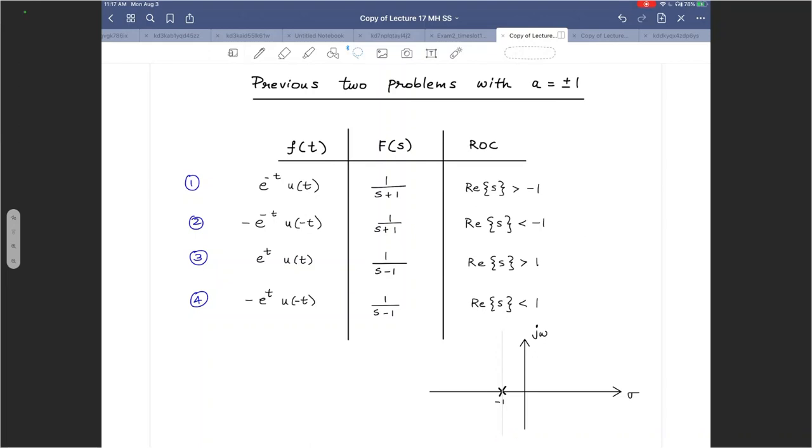And then I'm going to shade in green, say, everything to the right, without including that imaginary line in gray. I am staying away from that gray line. I hope you see that. I cannot include that line because that's where the pole is, and at a pole things go to infinity. So that would be my region of convergence.